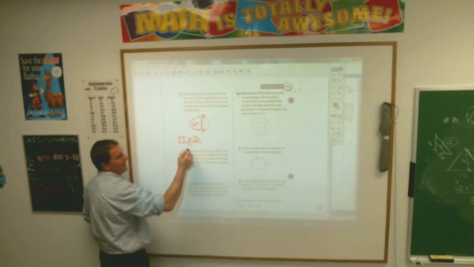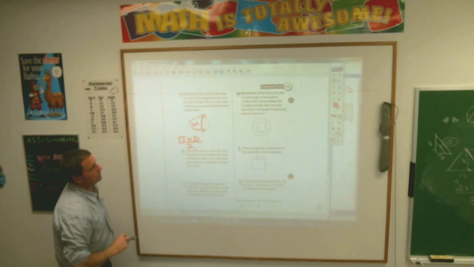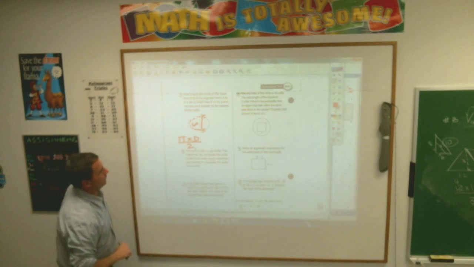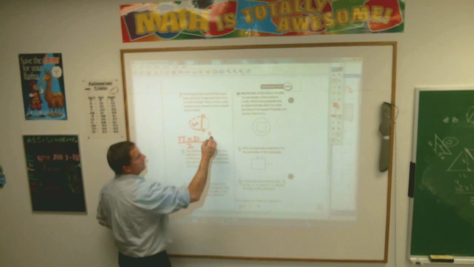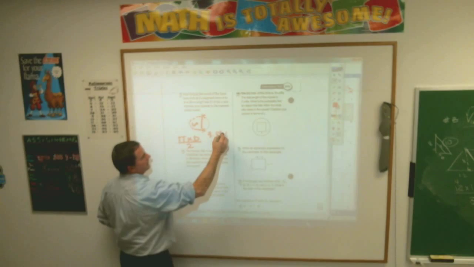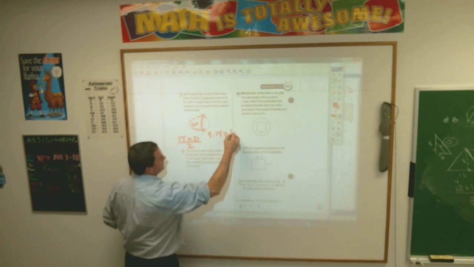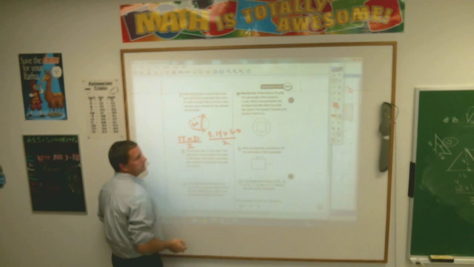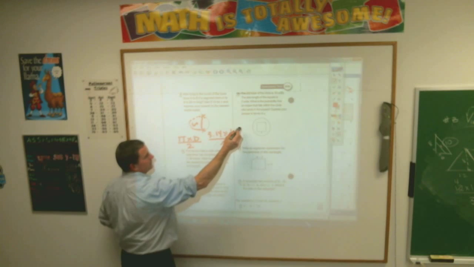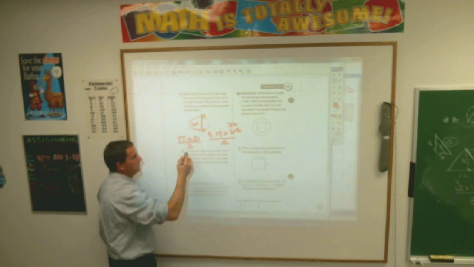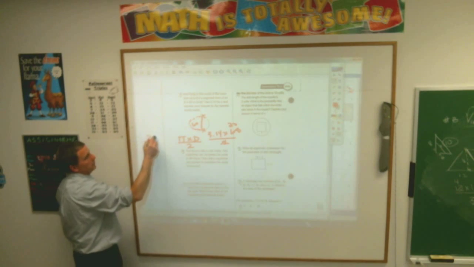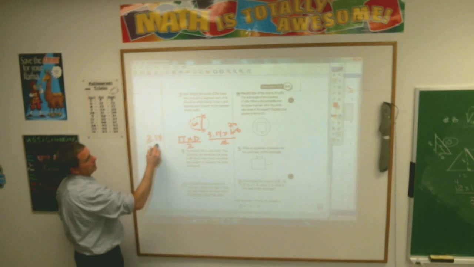It is only half a circle, so you divide it by 2. Use 3.14 for pi, so I take 3.14 times the diameter of 60, all cut in half. I would cut the 60 in half and get 30, and just multiply 3.14 times that 30.